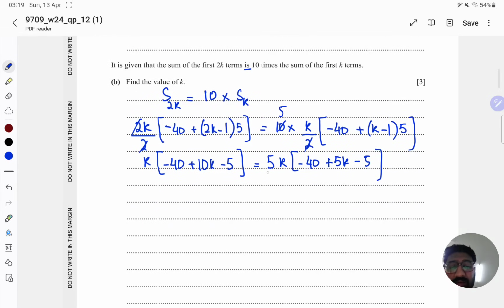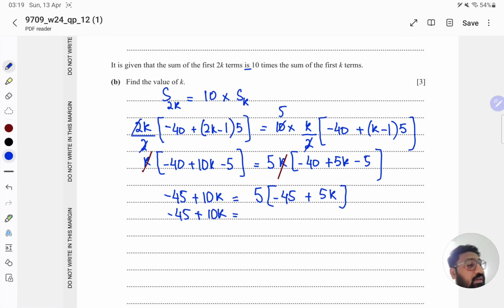So if I further simplify, we can see that there is k on this side and k on the other. We can simplify that. This is going to give us minus 45 plus 10k, and on the right side it will be 5 bracket minus 45 plus 5k. So if I further expand it, minus 45 plus 10k equals 5 times minus 45, which is minus 225, plus 25k.